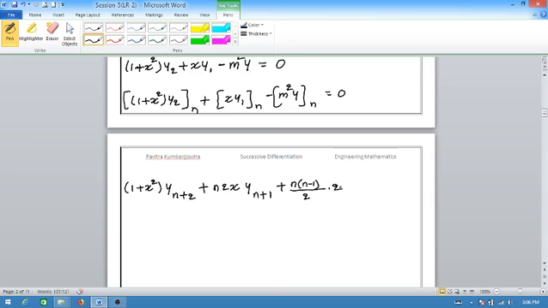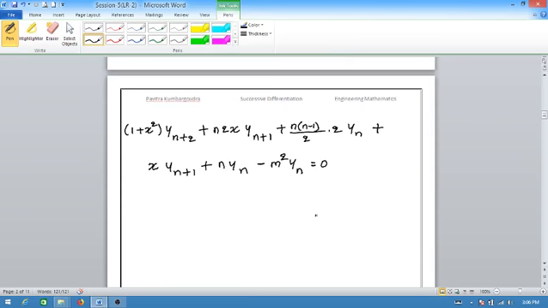Then the n minus 2th derivative of y2 is y n. Now the second term, x into y1 nth derivative, x as it is, nth derivative of y1 is y n plus 1, plus nC1 is n, differentiation of x is 1, n minus 1th derivative of y1 is y n, minus m square into the nth derivative of y, which is y n. So that is equal to 0.